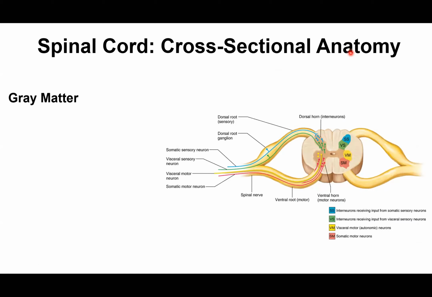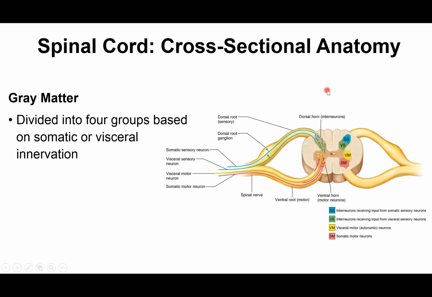So let's talk a little bit more about this. Gray matter in the spinal cord is divided into 4 groups based on whether we're talking about somatic or visceral innervation. Okay, and so we have the somatic sensory section.